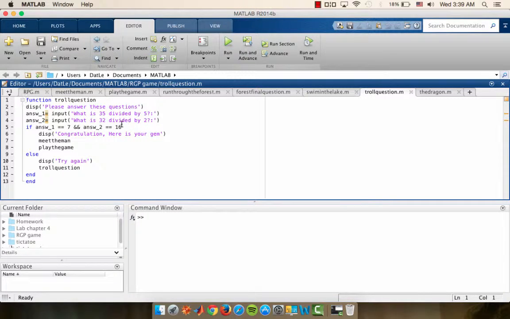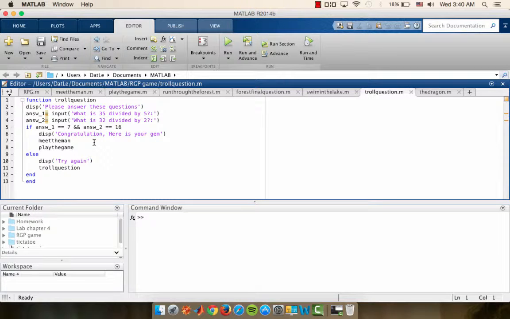So here you will be asked, what is 35 divided by 5, and then what is 35 divided by 2, and if you answer 7 or 16, then you will be given the gem.